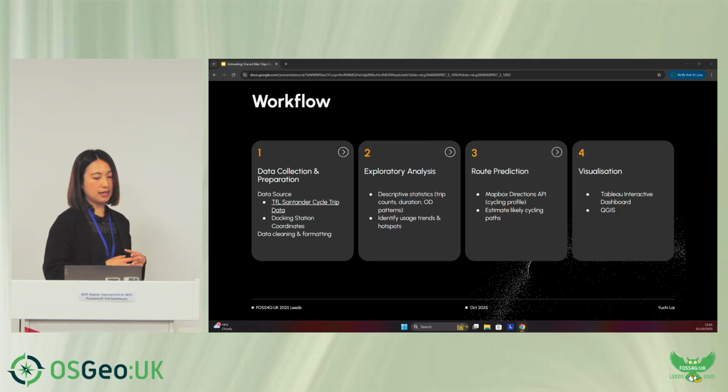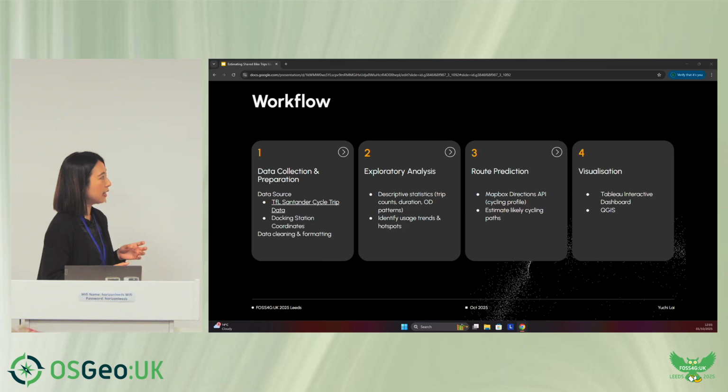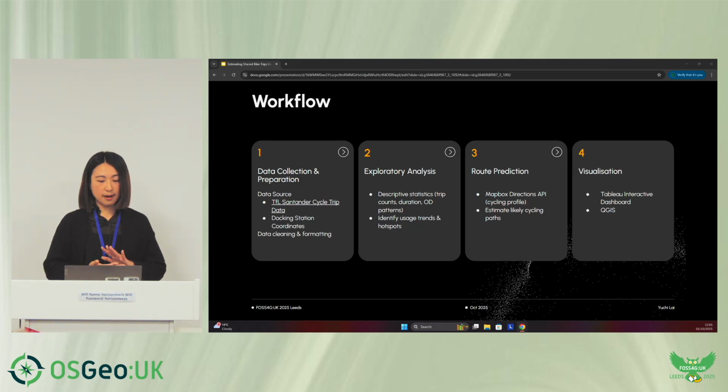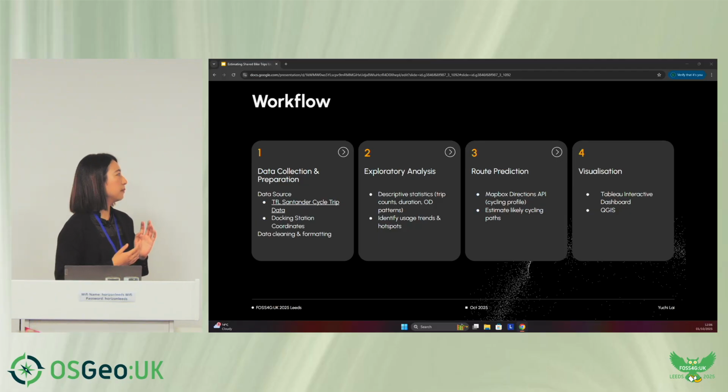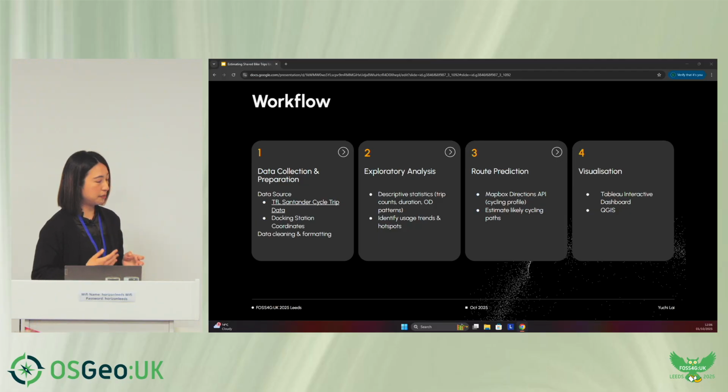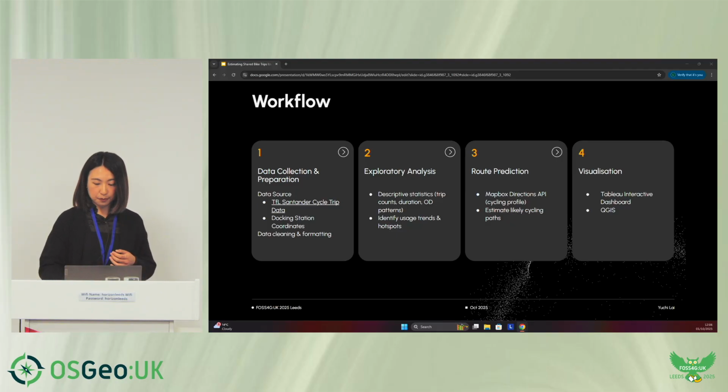The third is to use the Mapbox Directions API to estimate each route and join it back to the trip data set. And the fourth step is I visualize the result using QGIS and Tableau for mapping and creating the dashboard. This whole pipeline is reproducible, and it's all based on open source.